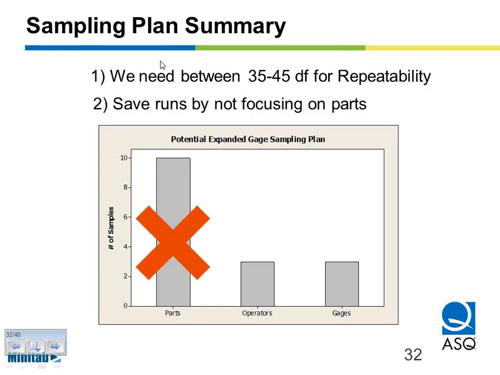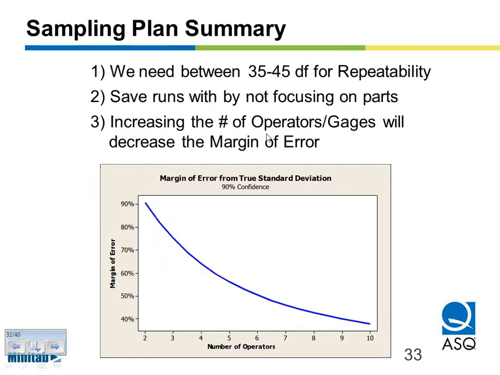So number 2, we're not going to focus on the parts. We're going to focus more of our attention on more gauges and more operators. Number 3, the more operators or gauges you use, the better your estimate, the lower the margin of error. So that's an important thing to keep in mind.